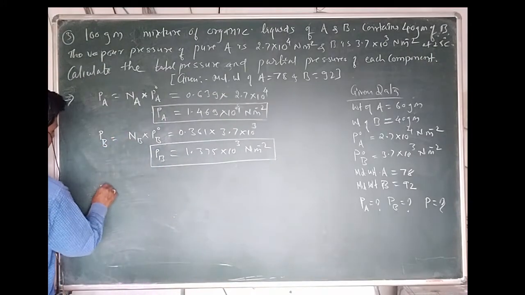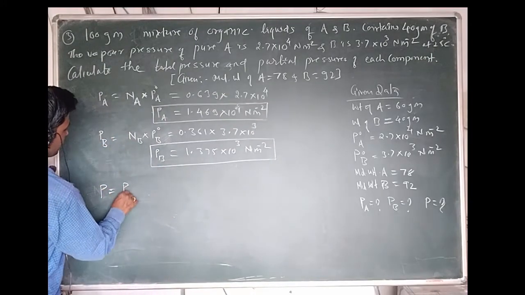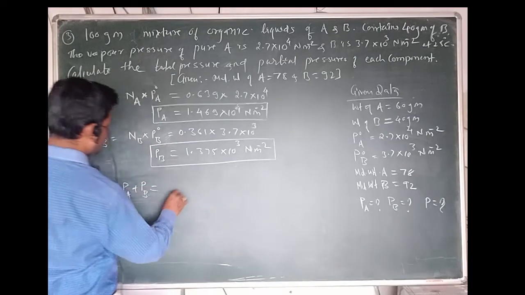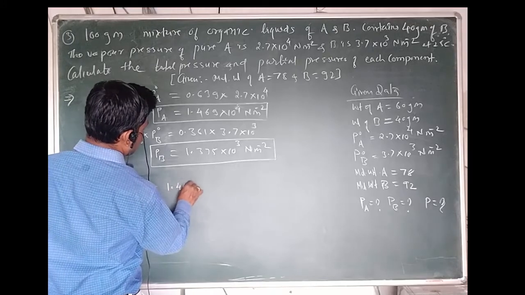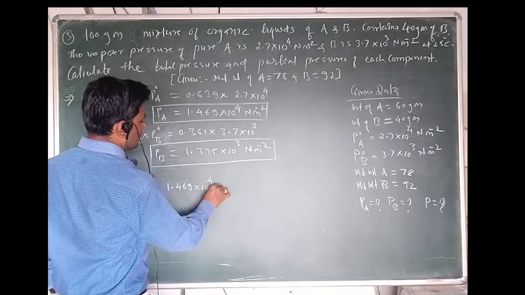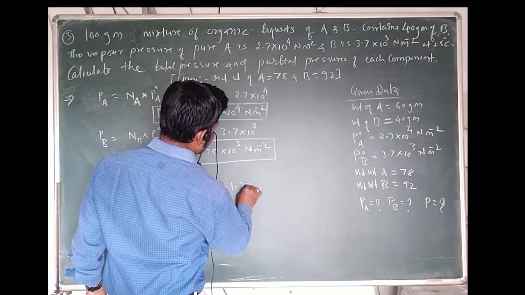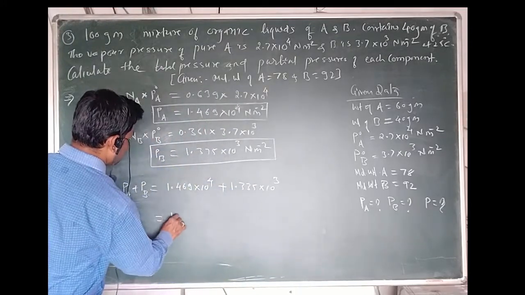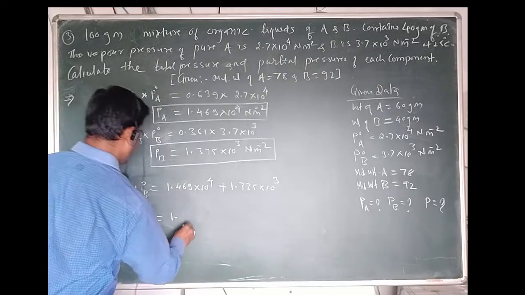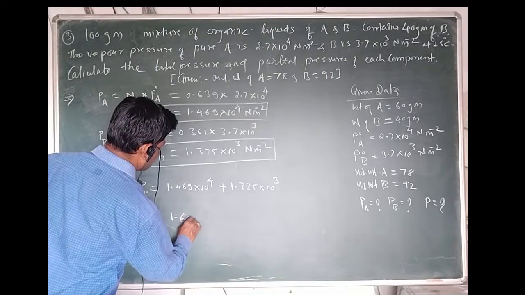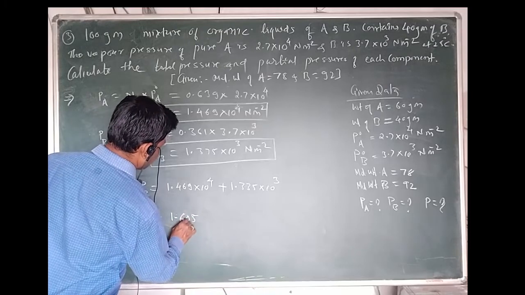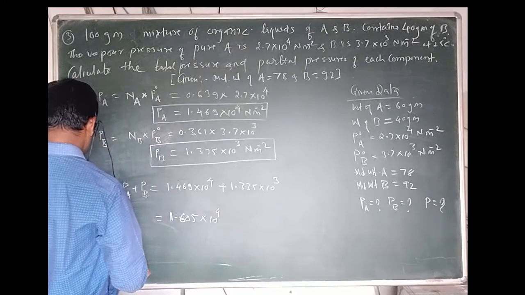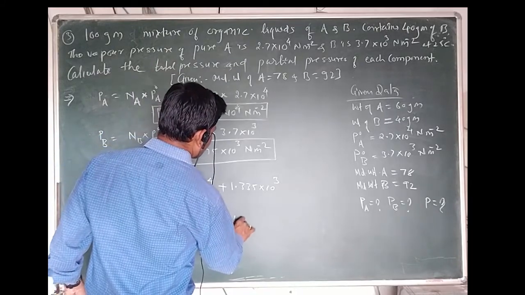Now the total vapor pressure is equal to PA plus PB. That is 1.469 into 10 raised to 4 plus 1.335 into 10 raised to 3. Directly after calculating, it is 1.605 into 10 raised to 4 Newton per meter square.